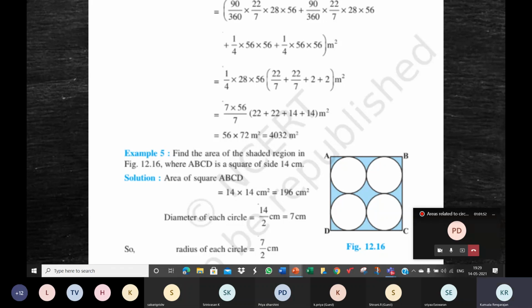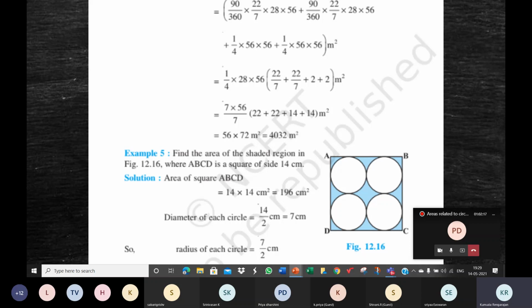Okay, so from the way the circles are placed, they touch each other. So the circles are identical circles. That means all the four circles have the same radius. So we have two plane figures, one square ABCD, side is given to you 14 centimeters. And we have four circles, all identical.